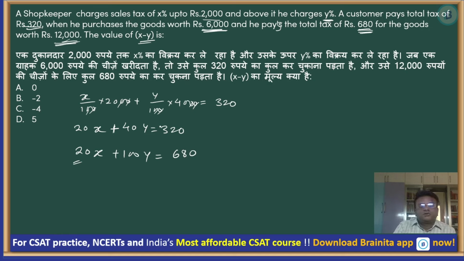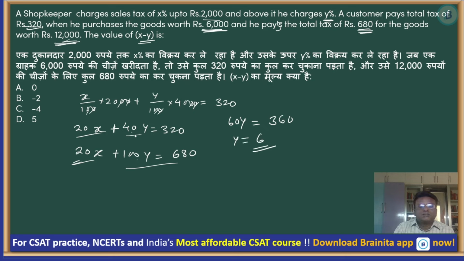Right, now you have to only find x and y. Luckily we have 20x common, so we will subtract the smaller equation from the bigger equation. So 100y minus 40y is equal to 60y, and 680 minus 320 is equal to 360. y is equal to 6.